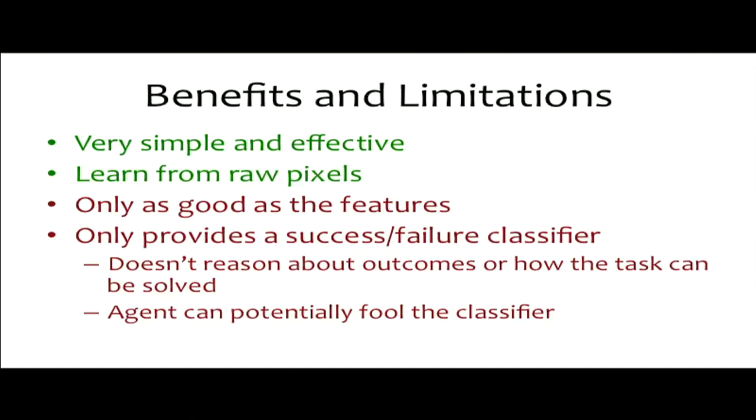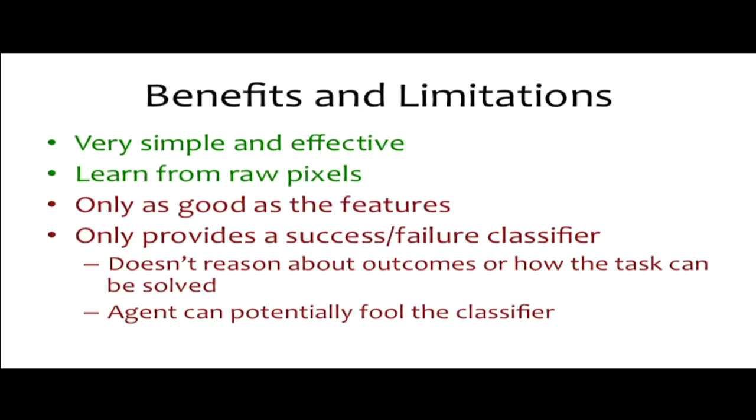And lastly, it really only provides a success-failure classifier. So it only really gives the method some basic information of whether or not the door is open, and not actually how the door can become open. For example, it doesn't provide information that maybe first you want to turn the handle and then open the door.